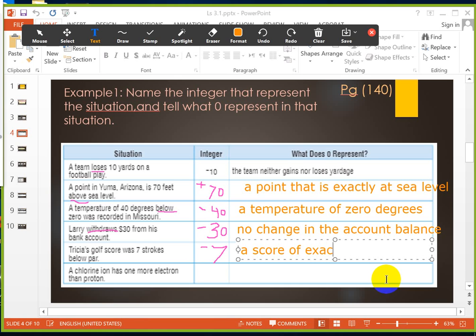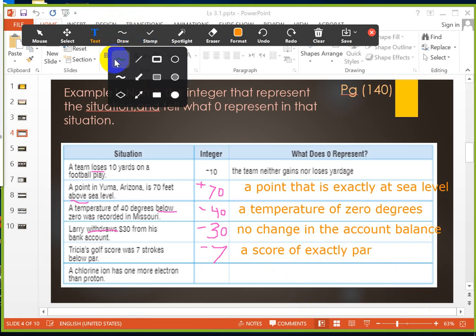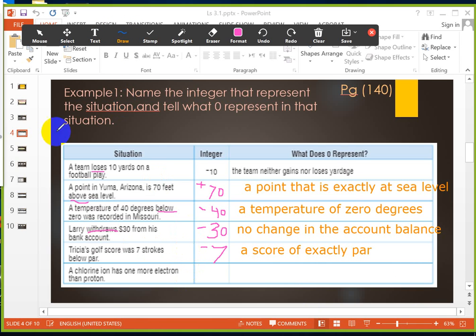Do you know how to count the score in golf? Actually, I don't. Okay, which one don't you understand, Trina? You don't understand the negative and positive quantity? I want you to specify for me, please.